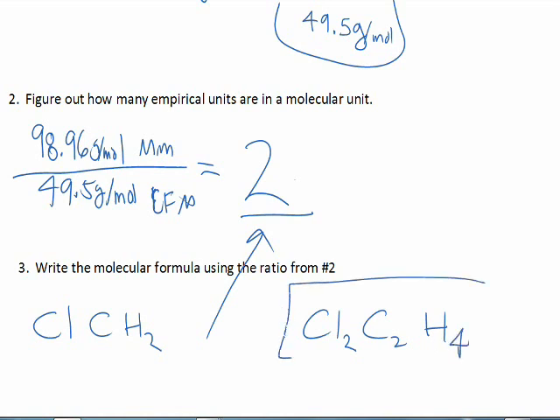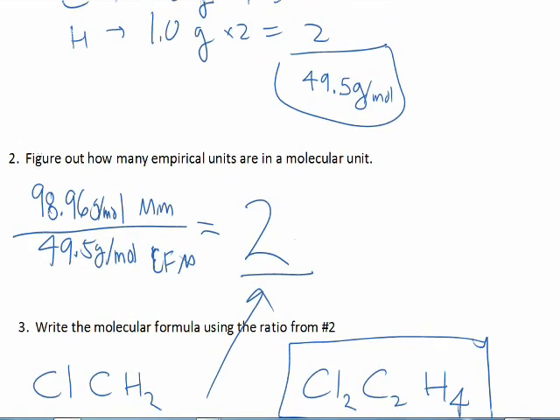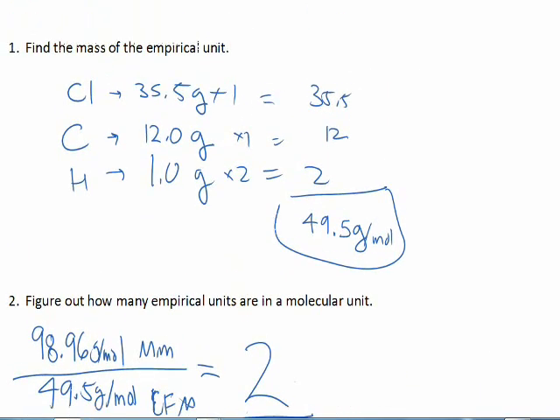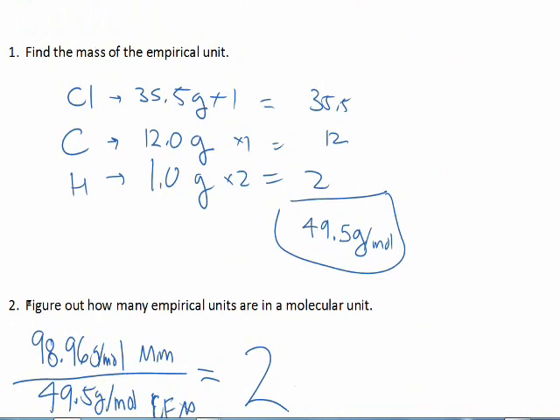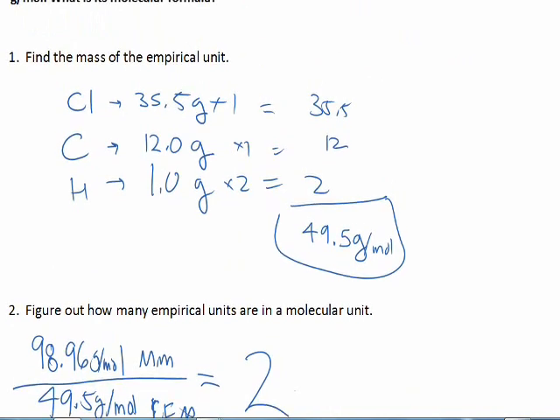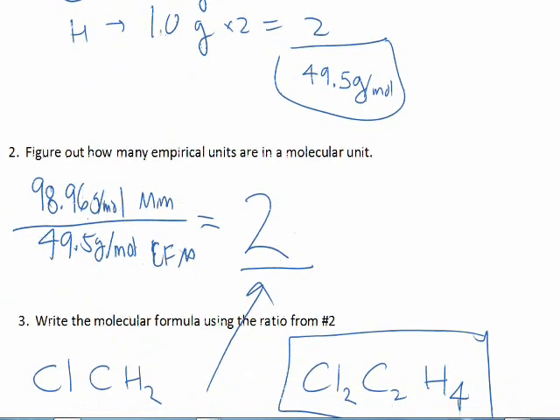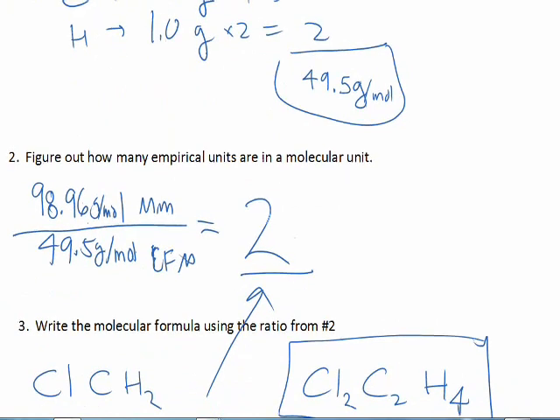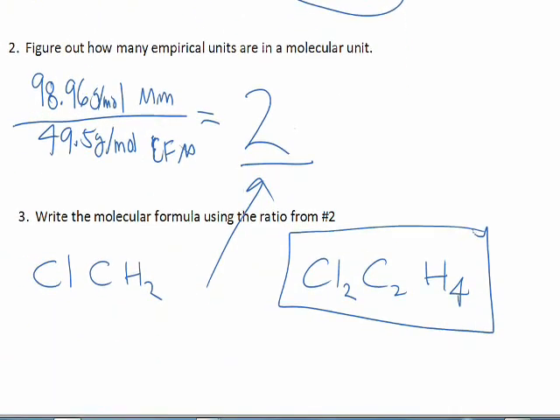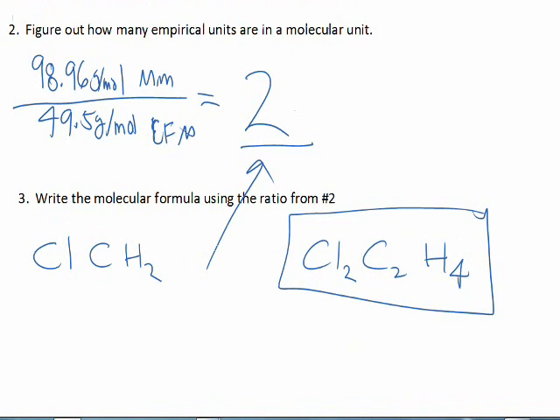So that is the molecular formula. That's what the actual formula is. In review, we found the mass of the empirical formula. Once we had that mass, we had a ratio. And from that ratio, we multiplied it by the existing empirical formula to get our molecular formula.